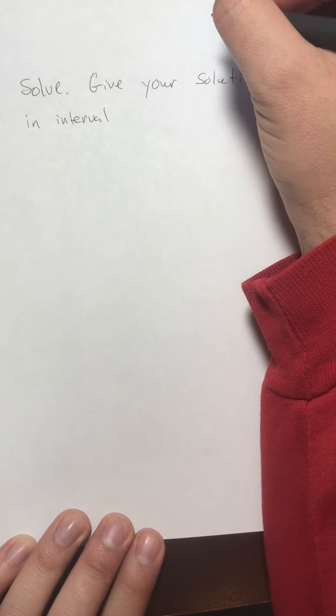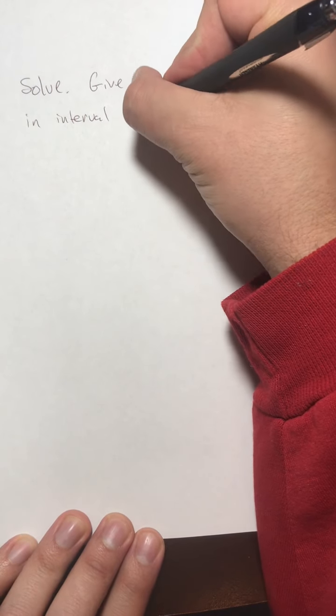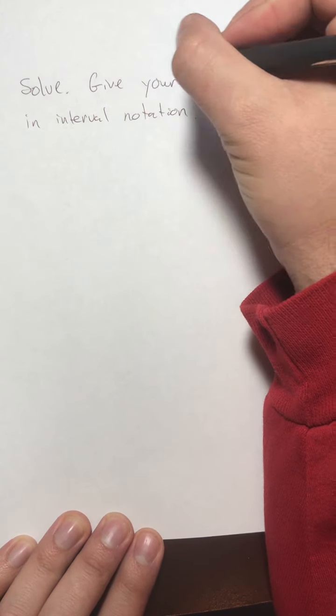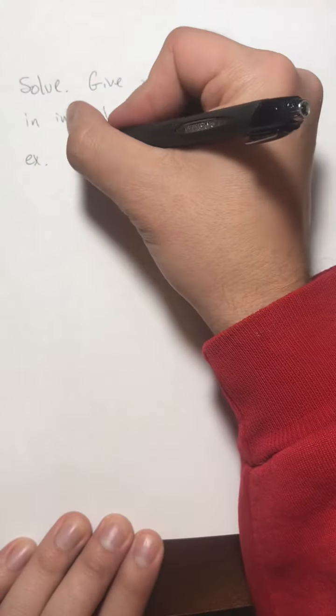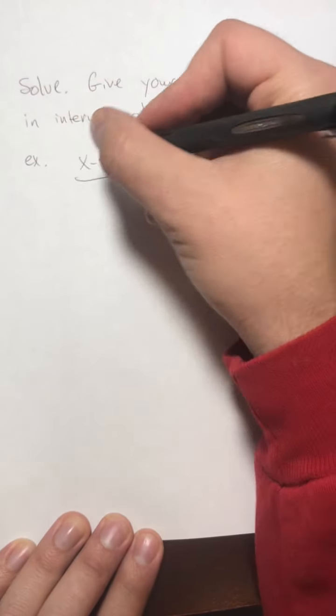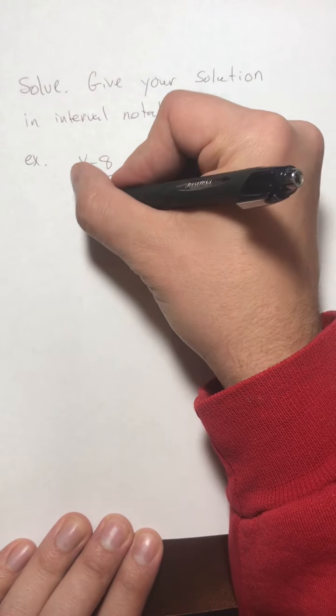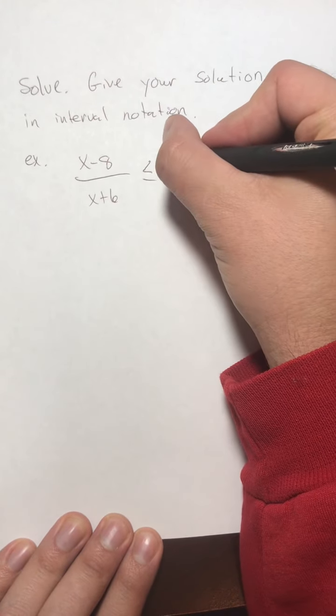So for the sake of this lecture, this example that I'm covering, we've already got that taken care of. So we have a single rational expression less than or equal to 0.